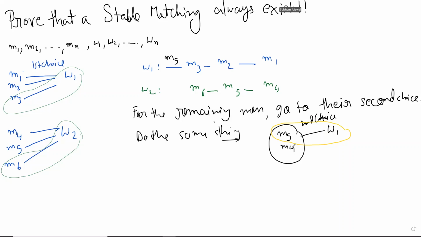Can a man get a better partner later? No, right? A man's choices are never improving. If he gets engaged, let's say in the second round during the second choices, and he gets unmatched later on, then his only chance to get engaged again is at some later stage.